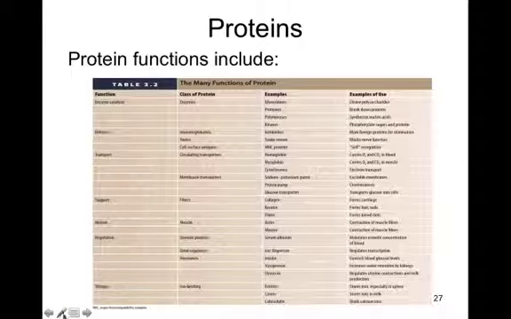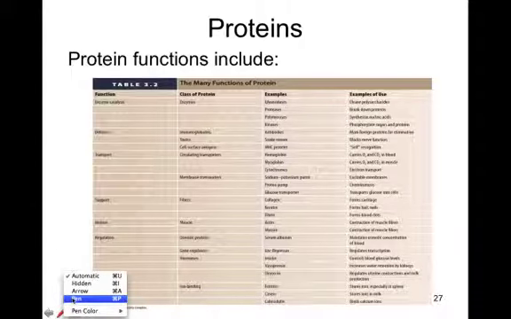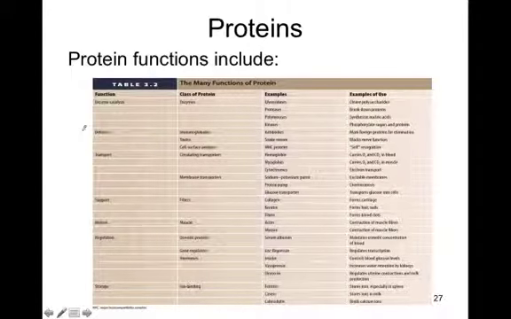We'll also see that proteins are involved in defense. These are also doing proteins. So things like our immunoglobulins and antibodies are involved in defense of our body. Proteins can also act in transport. They help transport substances across the cell membrane.